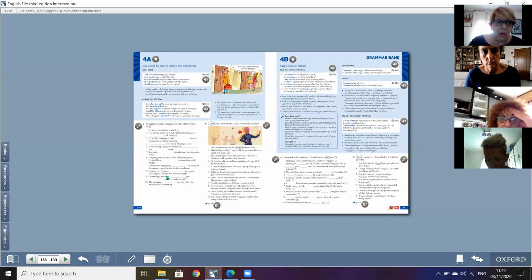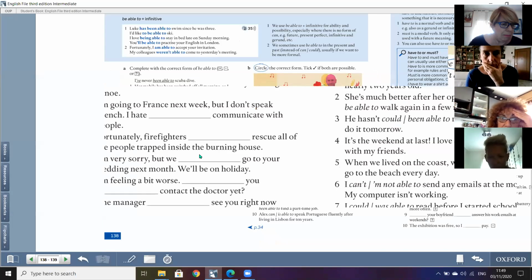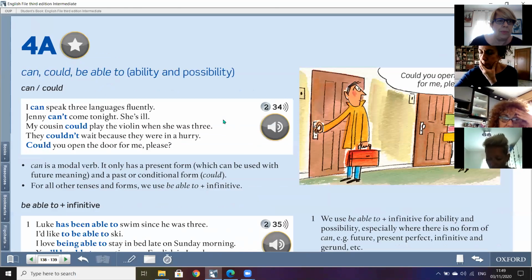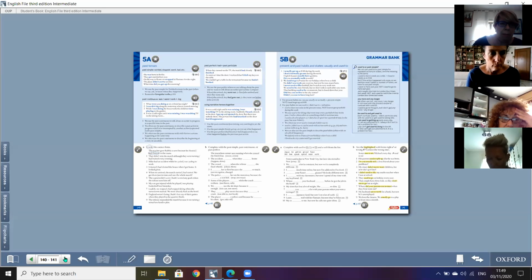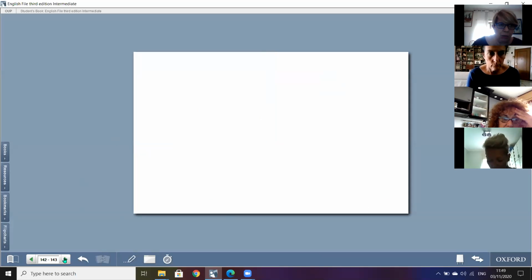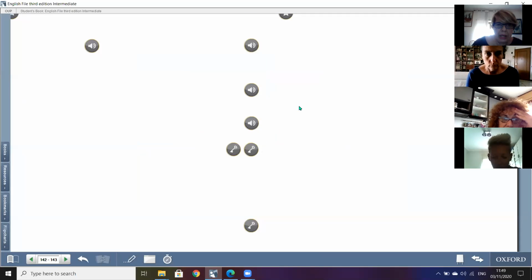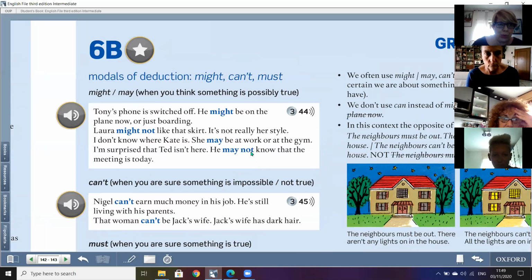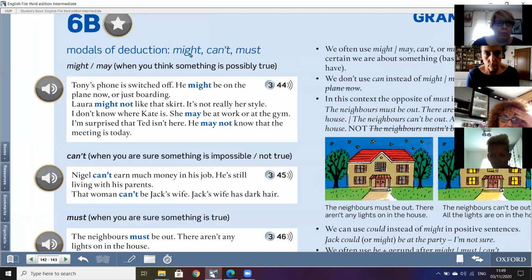A questo livello, alla 4A ad esempio, a pagina 138, sempre della parte grammaticale, vi mette can, could, be able to e ve li raggruppa tutti, tutto il can, ability and possibility. Poi andando avanti fa altre cose e dopo 3 unità, appunto, alla 6b, torna e mette tutti i modali di deduzione, modals of deduction, might, can't, must, ok?